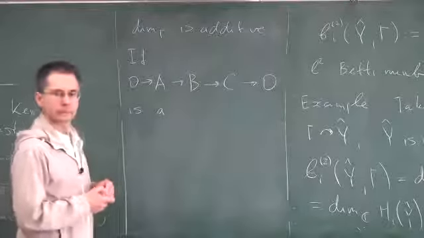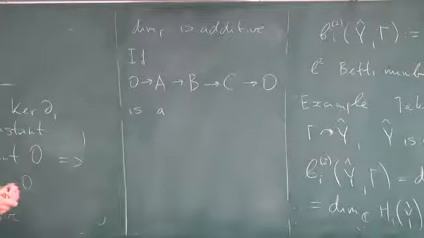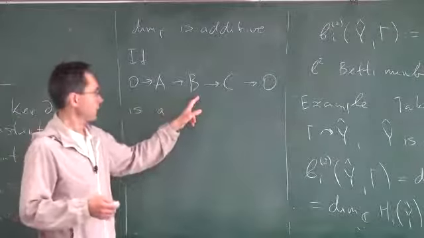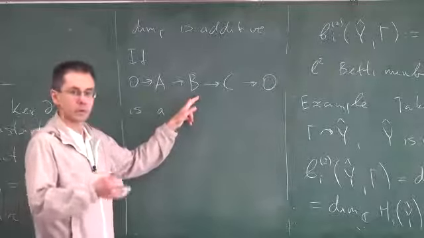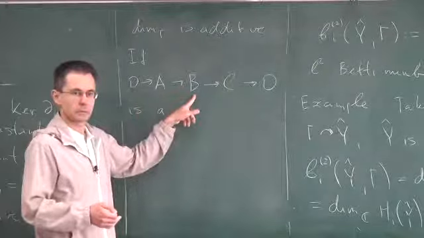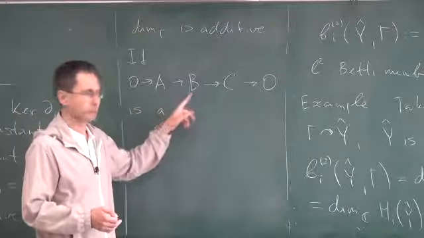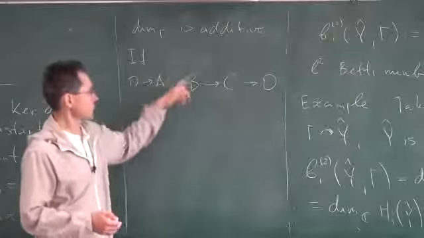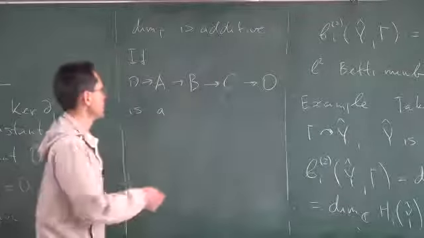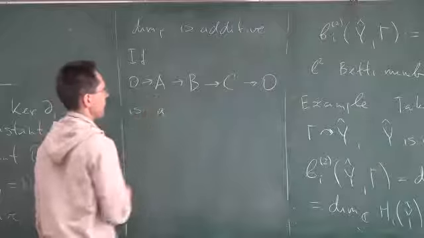So these are not just bounded, but they should be in the category of gamma modules. It means that the maps should commute with the action. There is a group action on each of these, the same group, so I assume that these maps commute with the group actions.